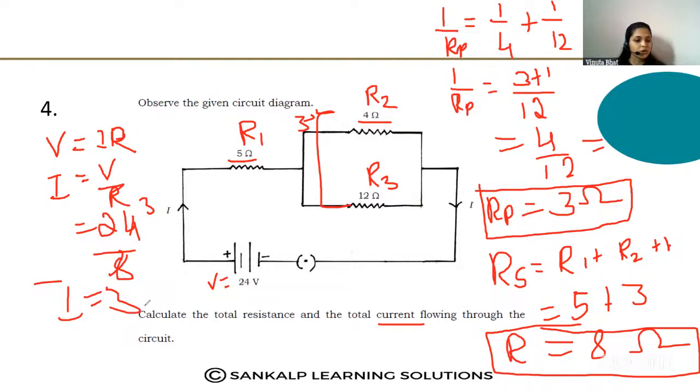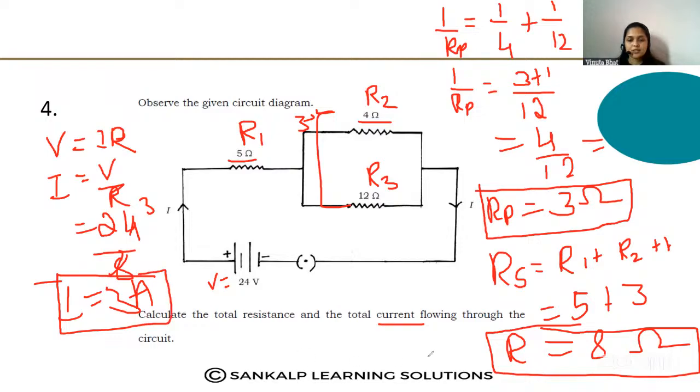The total resistance is 8 ohm, so I is equal to 3 ampere.